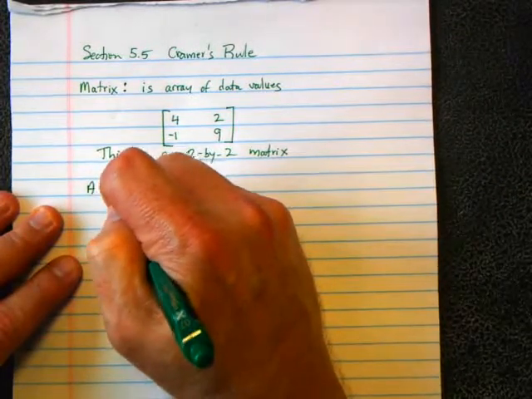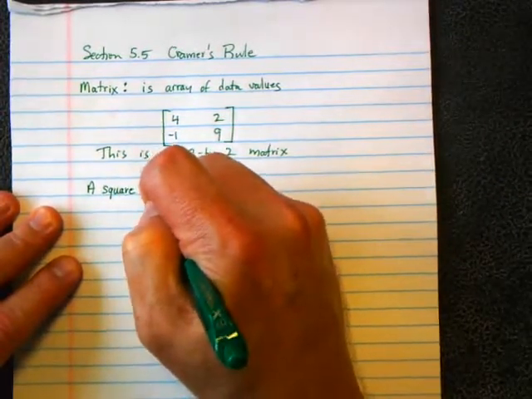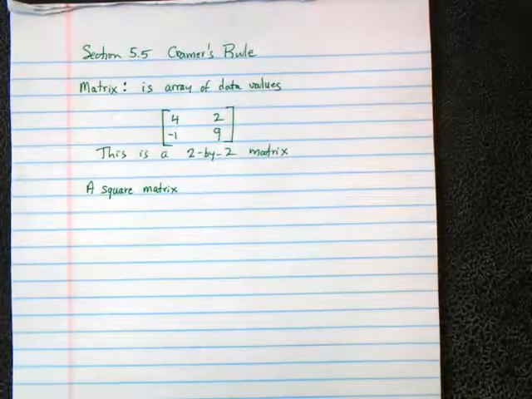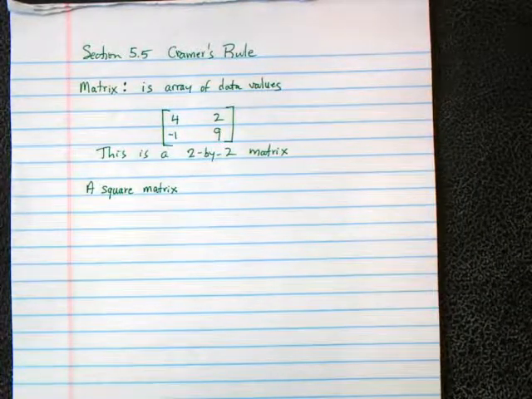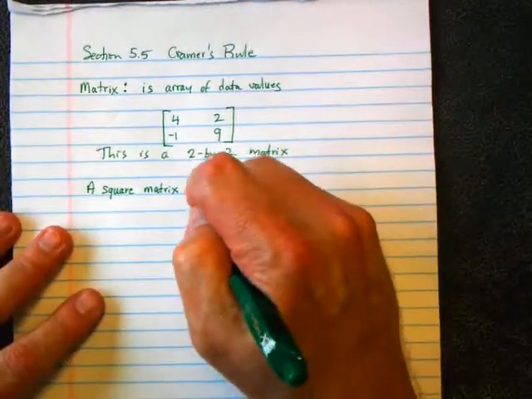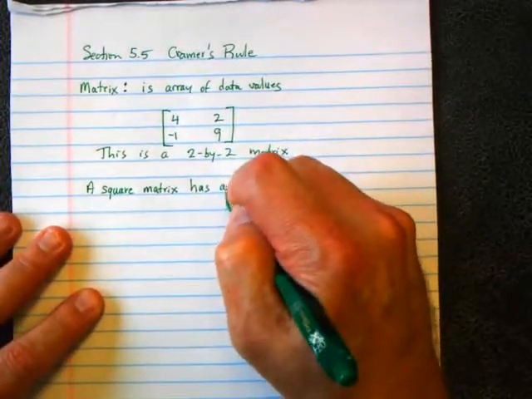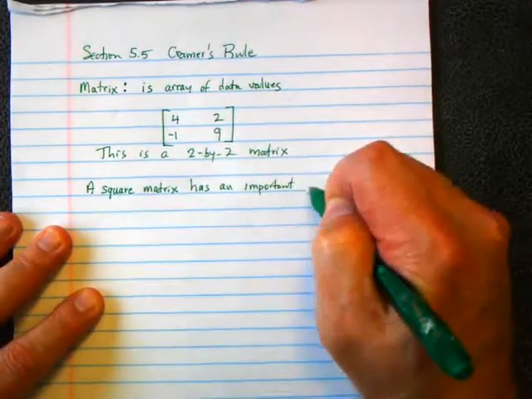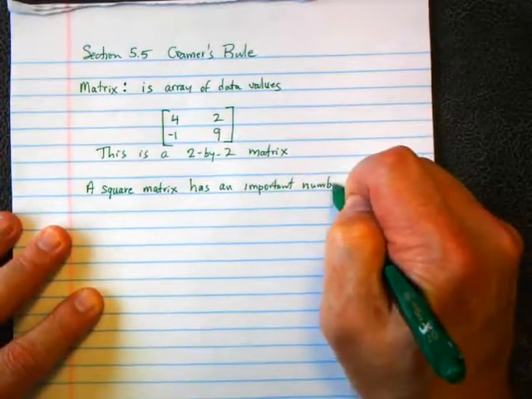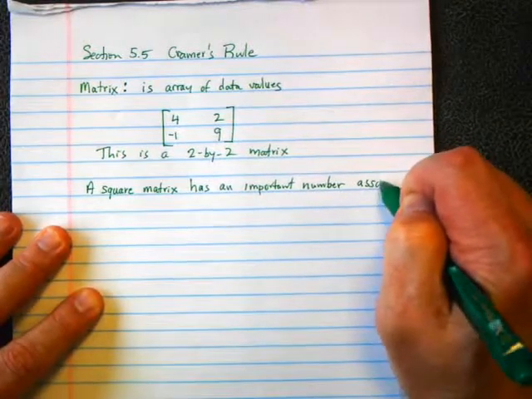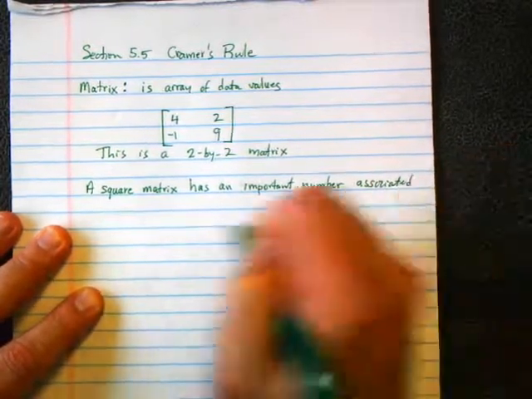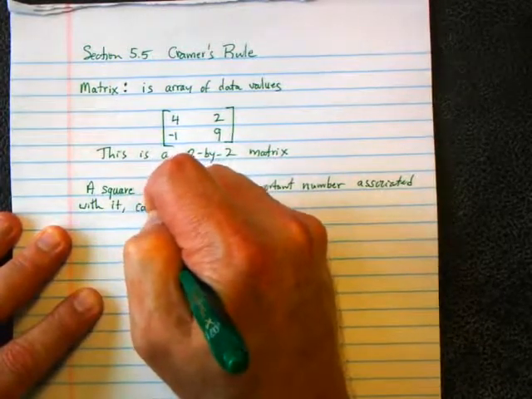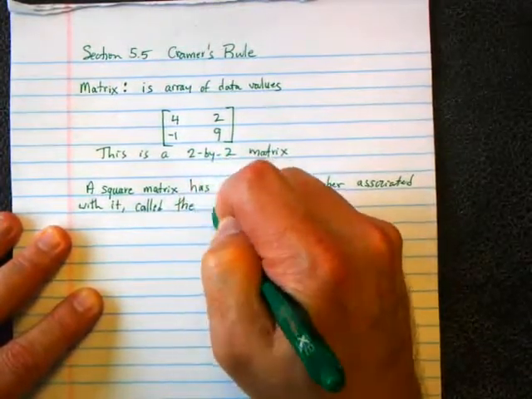Alright, so a square matrix, like this one, this is square, it's 2x2. What else would be a square matrix? 3x3, 4x4. We're only going to deal with 2x2 for this section. A square matrix has an important number associated with it called the determinant.